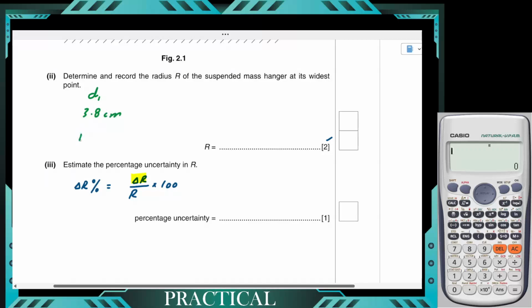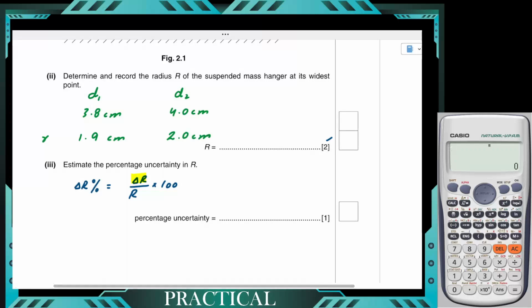Hence the radius would be 1.9 centimeters. The next time you take the diameter, this time it comes out to be 4.0. And then you work out the radius, which in this case would be 2.0, because radius is half of the diameter.